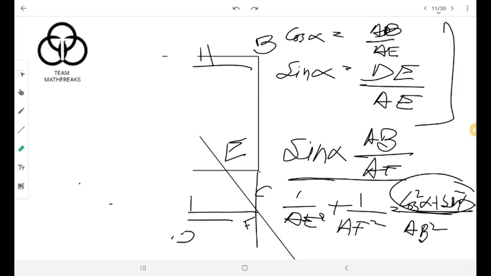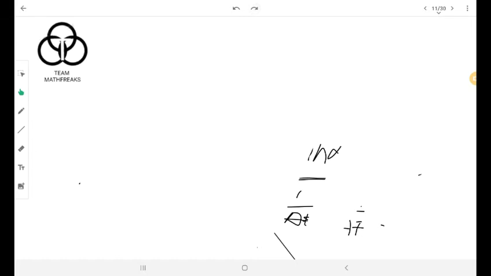We were getting 2 values of sin alpha, I guess. This was possible because of similarity. That's why I am saying it's a question on similarity of triangles.